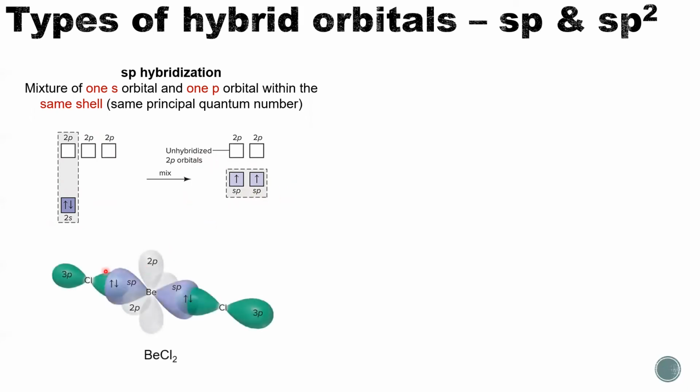And then this will be how the beryllium chloride looks. The sp orbital becomes a linear shape, and the size is slightly different from s or p orbitals, and each of the electrons here can bond with the single electron from chlorine to form these chemical bonds.